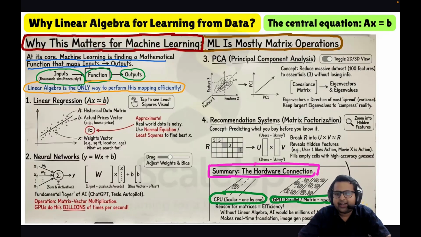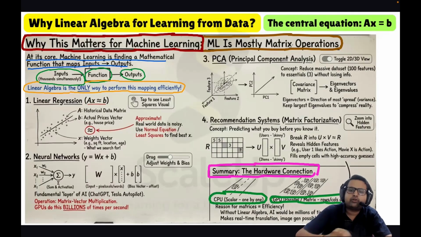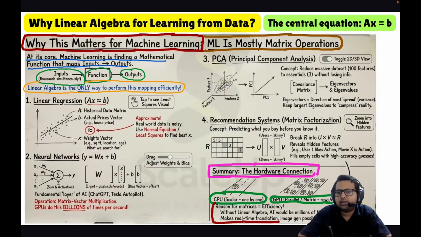Without linear algebra, AI would be millions of times slower, because we know AI is compute intensive. Linear algebra makes real-time translation and image generation possible.